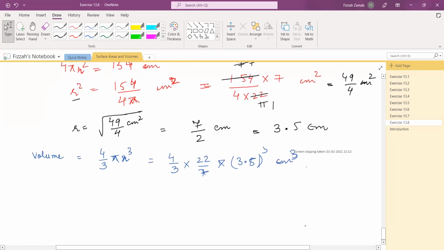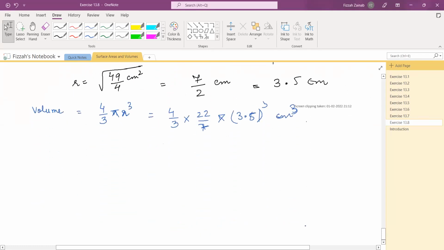Now let us do this calculation. So this is 4 by 3 into 22 by 7 into, so this will become 35 divided by 10. So I'm writing it like 3 times centimeter cube.